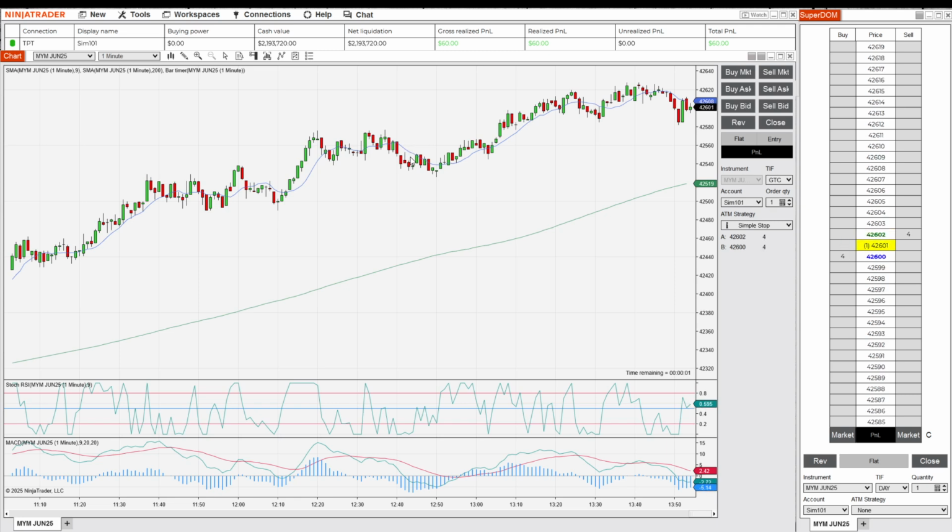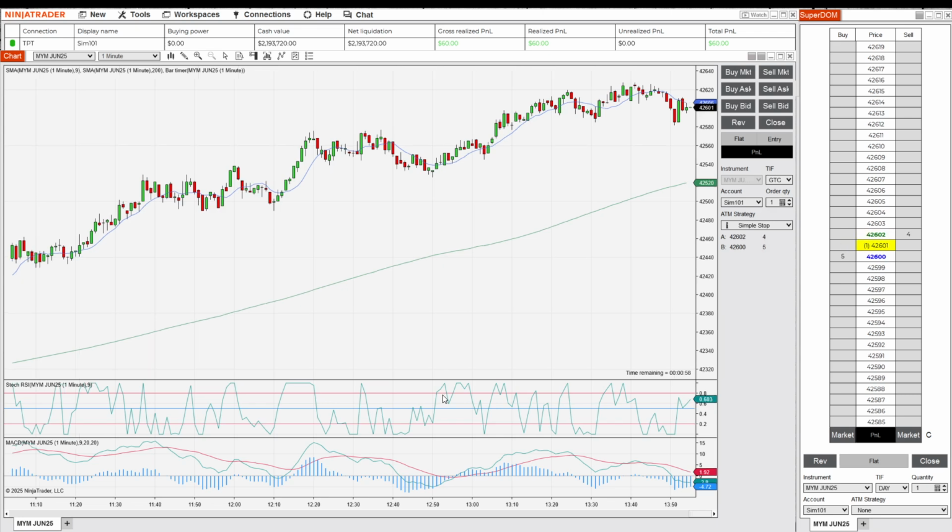I use SMA 9, SMA 200, RSI, and MACD. Now, most traders will recommend that you use the SMA 20. I prefer using the SMA 9, and here's the reason.